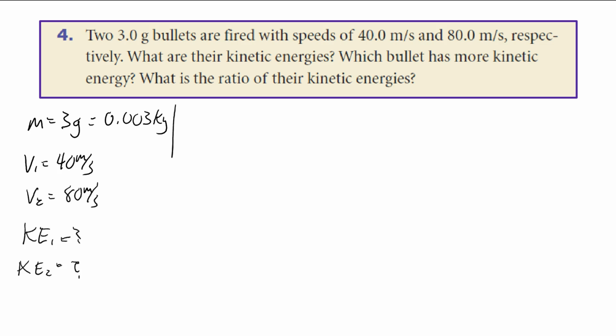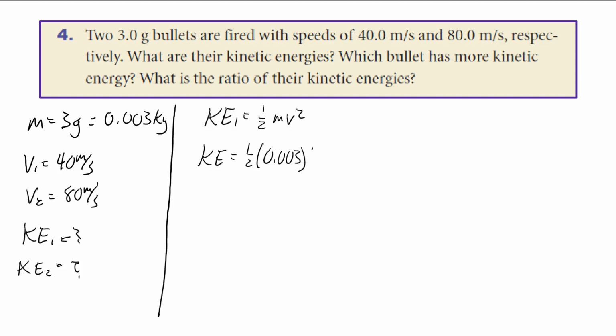So they're making you calculate each one. 1/2 mv squared, 1/2 times 0.003 times 40 squared. So the kinetic energy of bullet 1 is 2.4 joules.